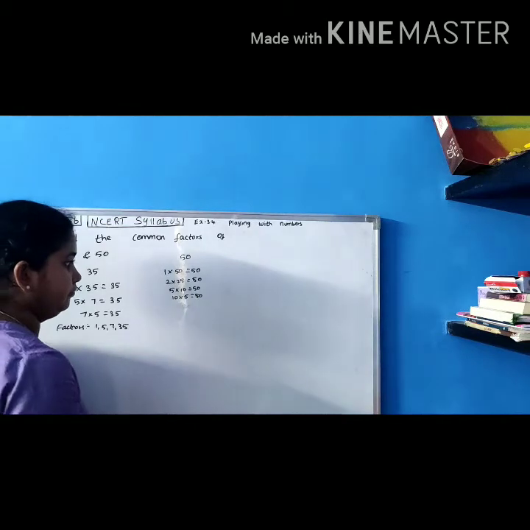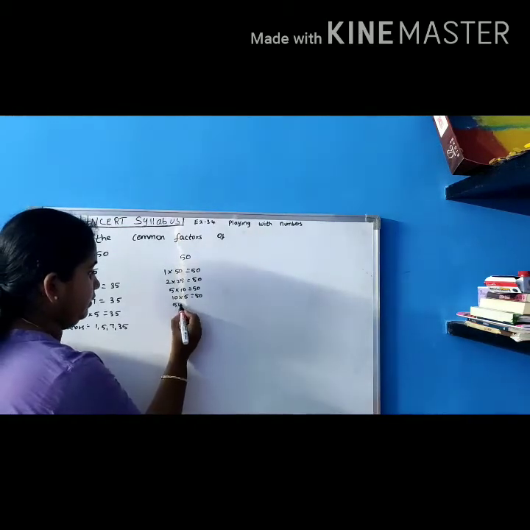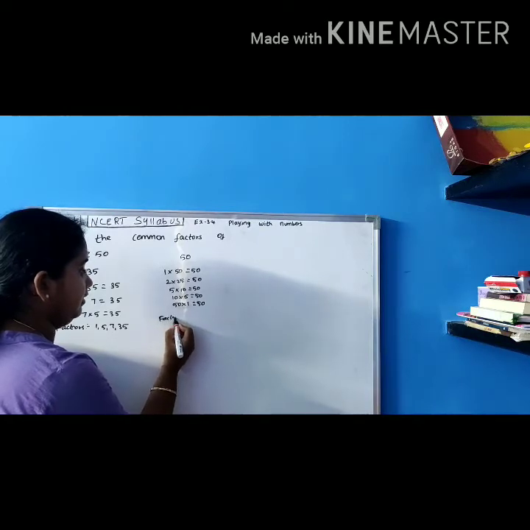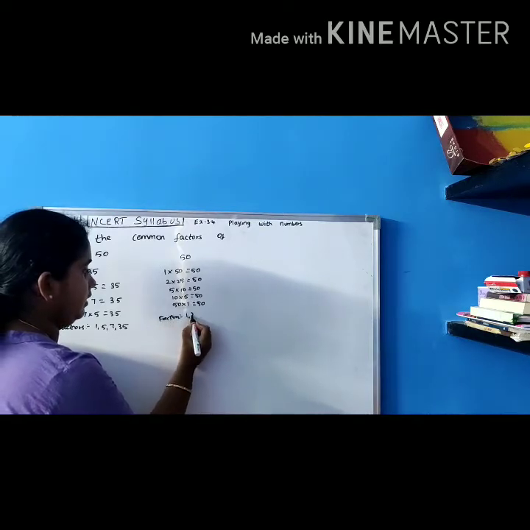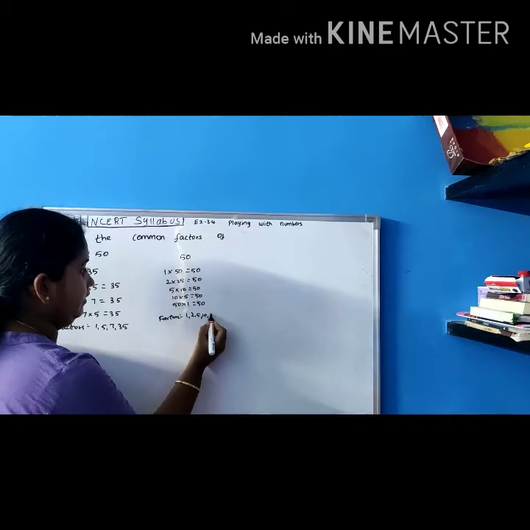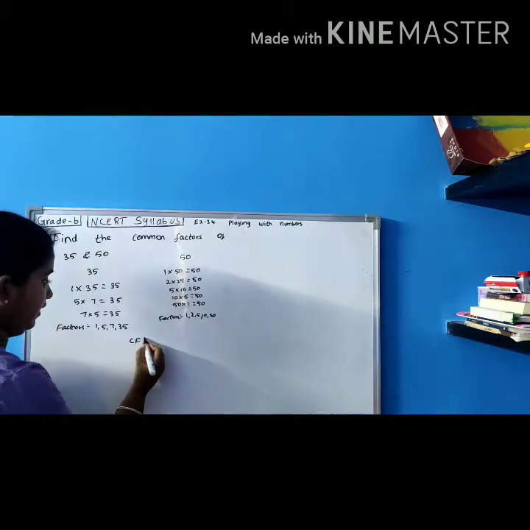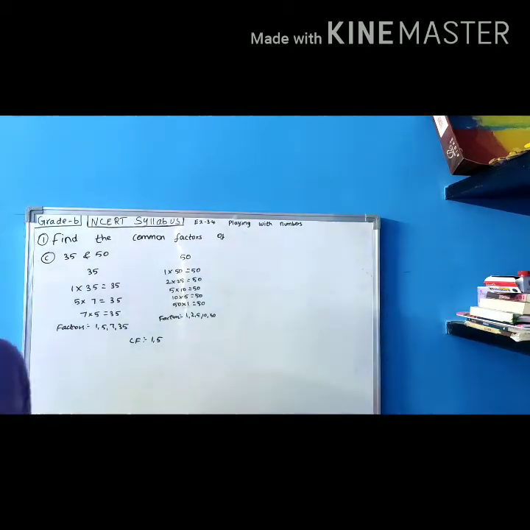So that's all. Okay. And then 50 into 1 is 50. The factors are 1, 2, 5, 10, 50. Now compare both. What is your common factor, CF? 1 and 5. Okay. Clear?